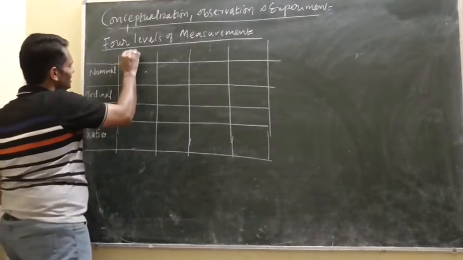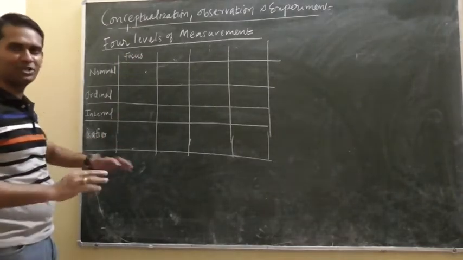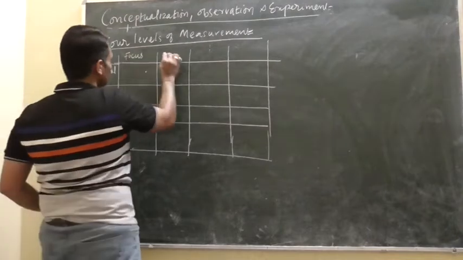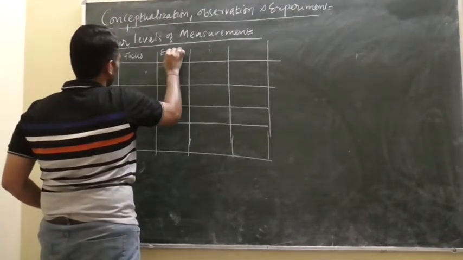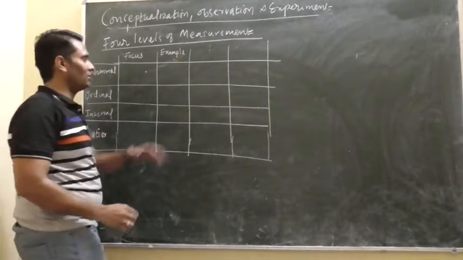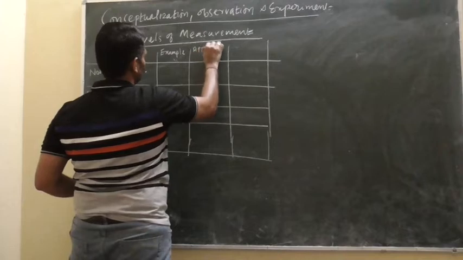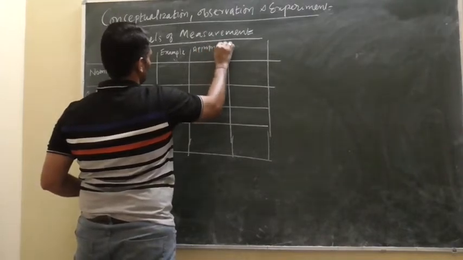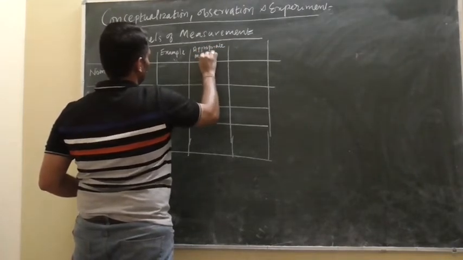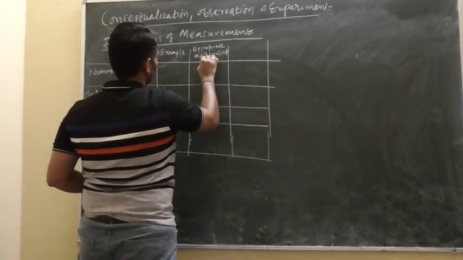This is a very simplified table which I have made. The columns are focus, example, and the third one is the appropriate mathematical function.